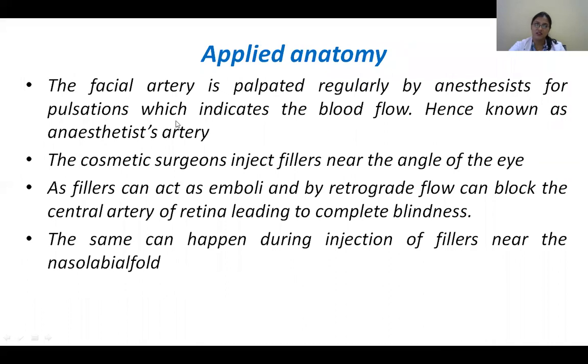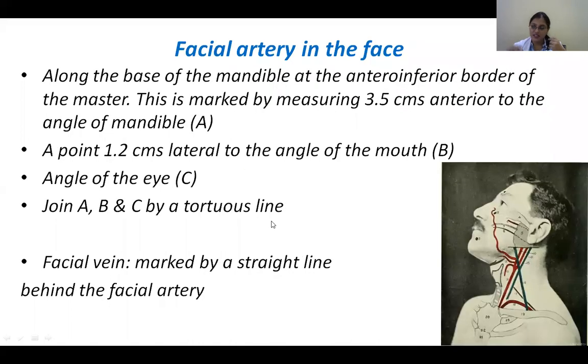So one is checking the pulsations, and then, as I told you, the fillers. Even if you're giving local anesthesia, when you're anesthetizing your scalp to give a skin suture, you have to be careful that the needle does not go into the artery. Because if you inject any substance into the artery when it should not go there, it will form an embolus.